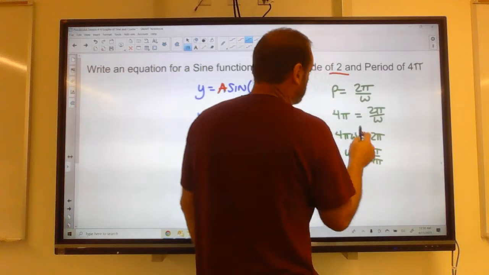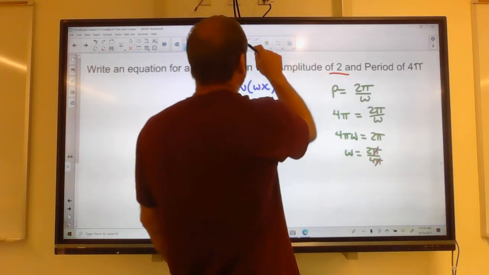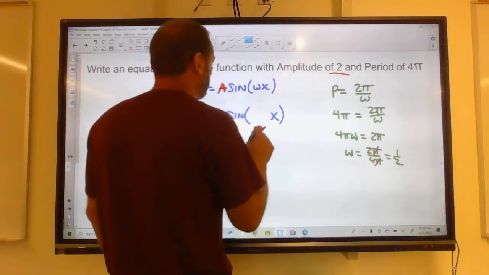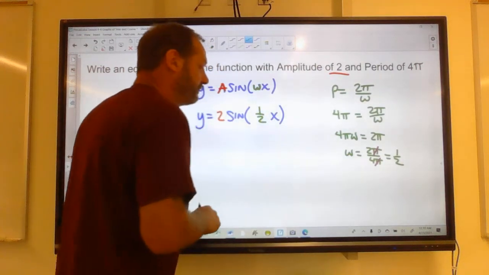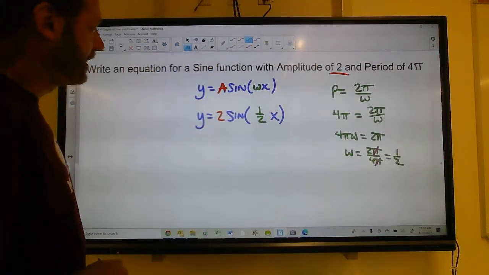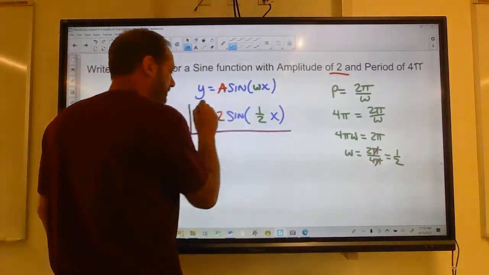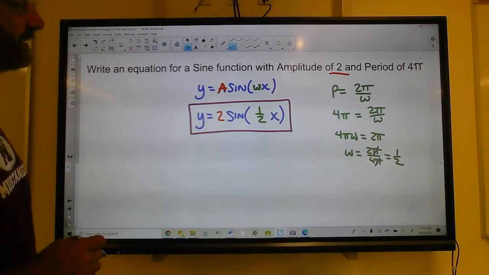And that's going to reduce because the pi's are going to cancel out, and the 2 and the 4 are going to cancel and be 1/2. So my w is just going to be 1/2. And there's my equation. Ta-da, y equals 2 sine 1/2 x.